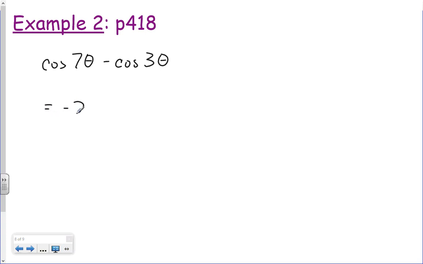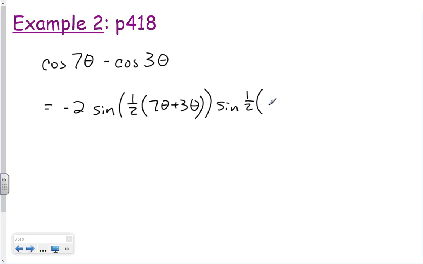This is equal to negative 2 times the sine of, and I'm going to go ahead and write this out. You can simplify this as you go, but it's 1/2 of 7 theta plus 3 theta. That's how we're going to come up with that argument, 1/2 the sum of those two. And then we multiply that by the sine of 1/2 the difference of those two. So 1/2 of 7 theta minus 3 theta.